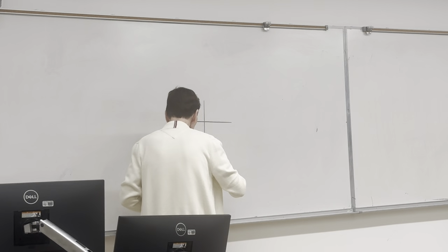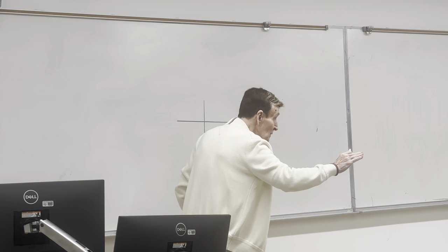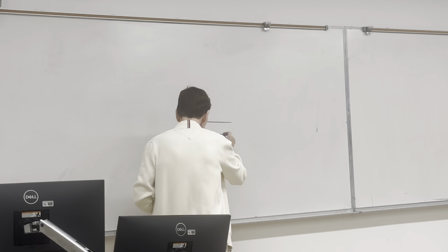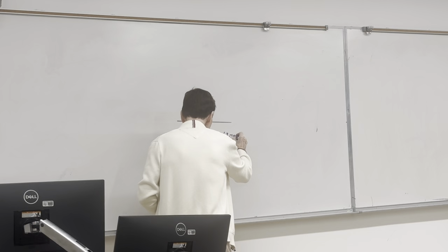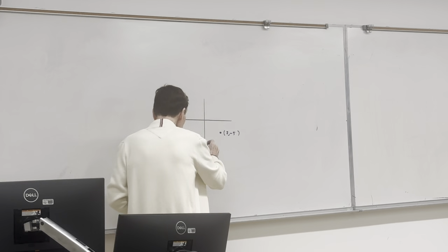You have a vertex of 2, negative 5. I'll do it again. You have a vertex of 2, negative 5. So out here somewhere, maybe down here. And you said it's 2, negative 5. And then you have another point, negative 1, comma, negative 3, maybe in here somewhere.